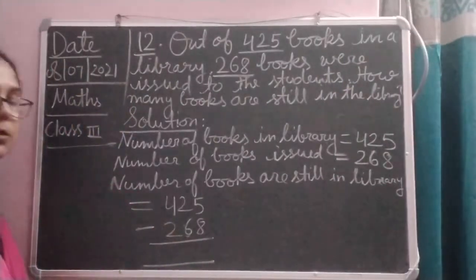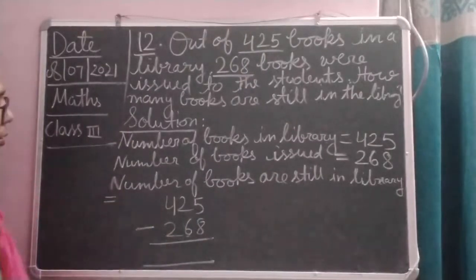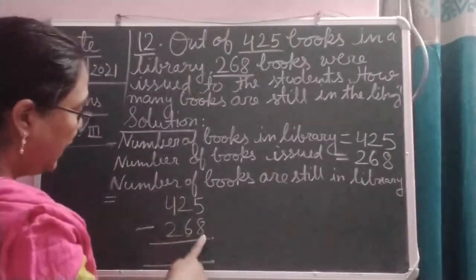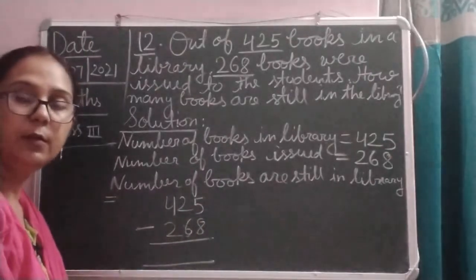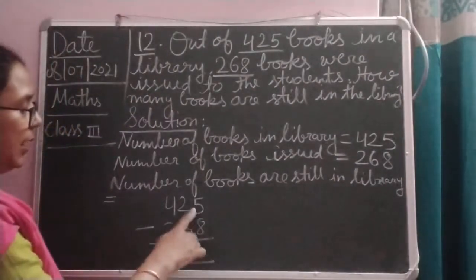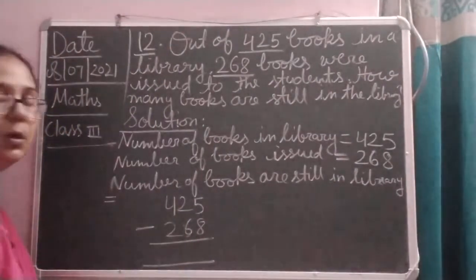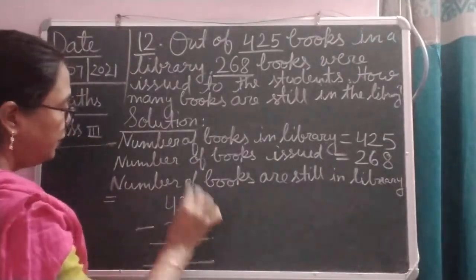Okay. So here children you can see 5 is there and 8 is there. Is 5 smaller or greater? It is smaller. So here the 5 will ask help from 2. 2 will give 1 ten to this and it will become 15.